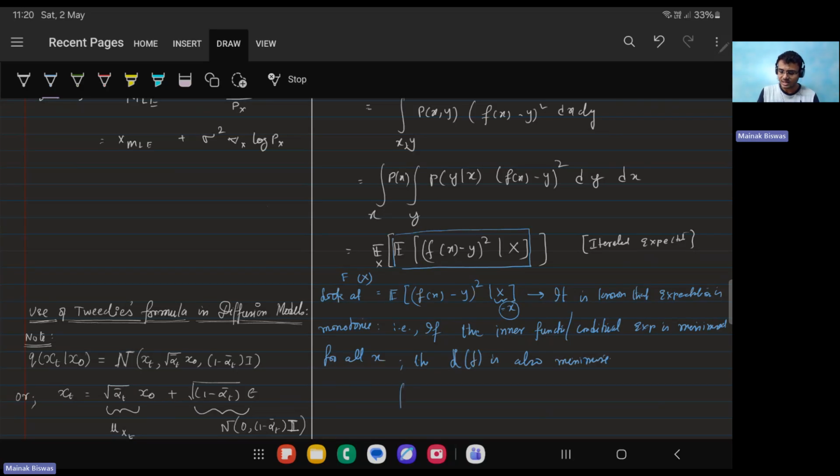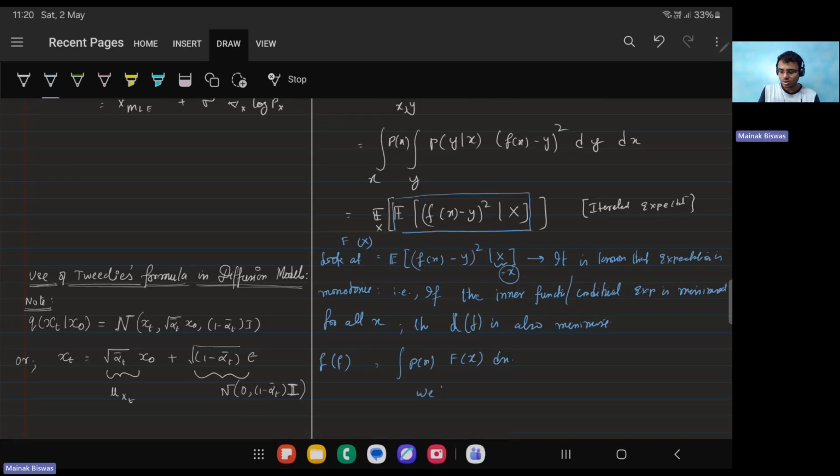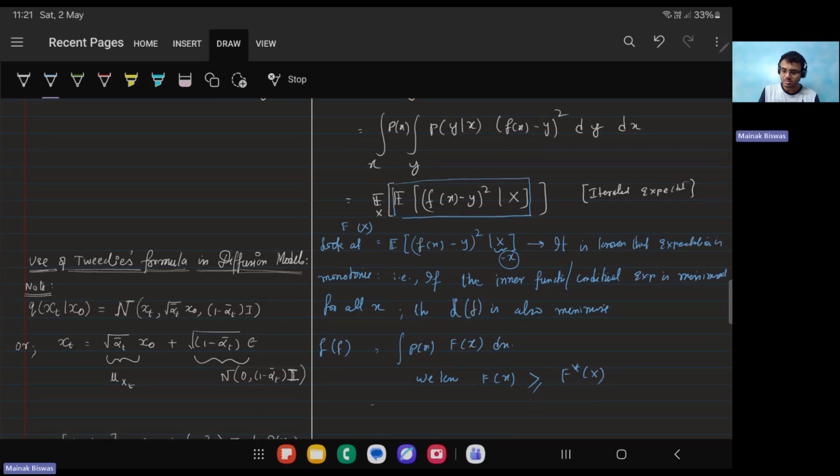So if you write this as integral of p of x, F of x dx, which is your L of f, and we know f of x is being minimized at f star of x, right? Then this is clearly for all x a less than or equal to sign for p of x, f star of x, for all f. So this is my optimal function.